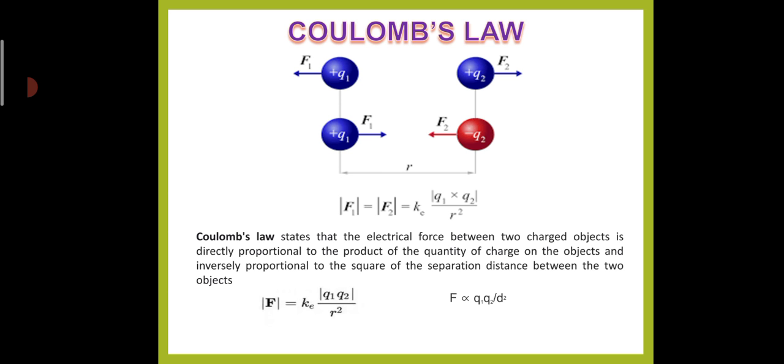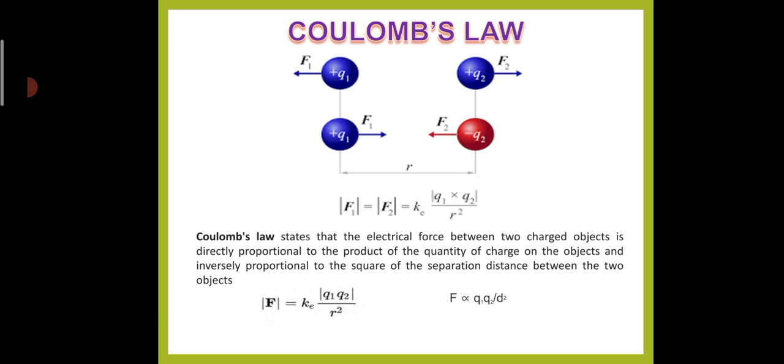For free space, the constant of proportionality is K equal to 1 upon 4 pi epsilon 0, where epsilon 0 is known as the permittivity of free space. Its value is epsilon 0 equal to 8.854 into 10 raised to minus 12, approximately 10 raised to minus 9 divided by 36 pi Farad per meter.